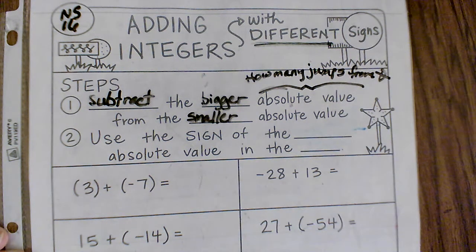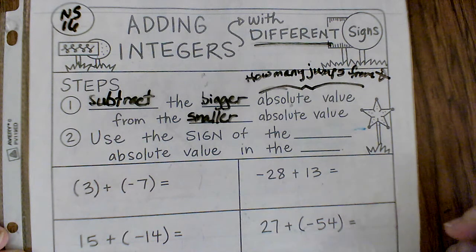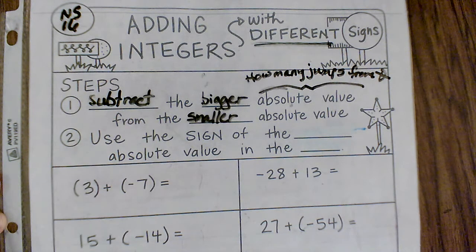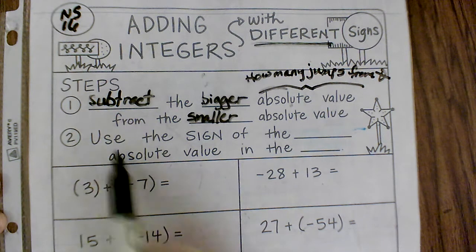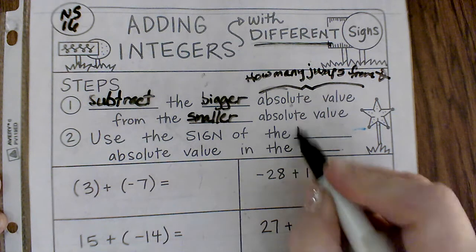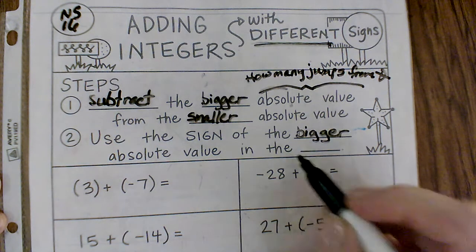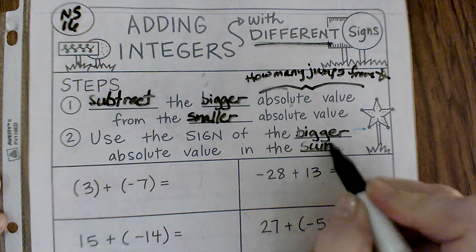Okay? So the further you are away from 0, the bigger the number is for this purpose. Once you subtract the bigger absolute value from the smaller absolute value, you use the sign of the bigger absolute value in the sum or the answer.